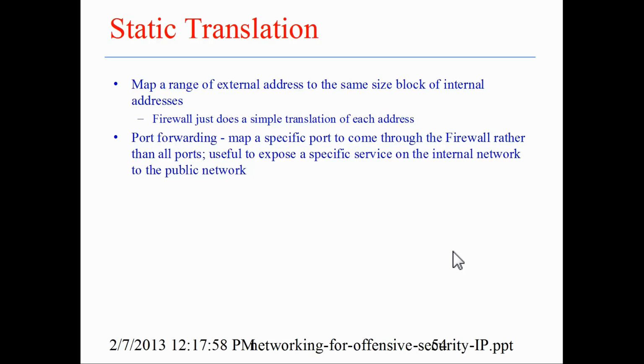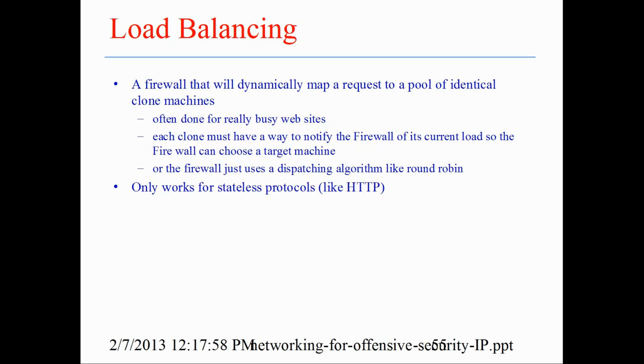So static translation, as I said, just maps one-to-one an external range of addresses to an internal range of addresses. It provides no protection to the users of the internal network, and any outside attacker can directly address any of the internal users.